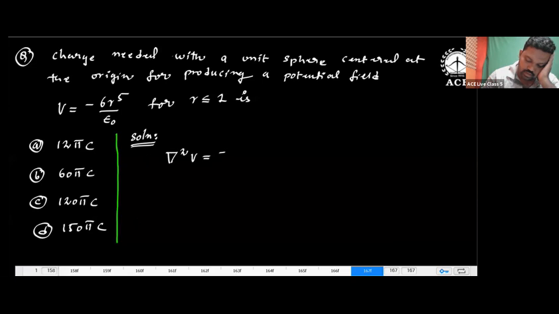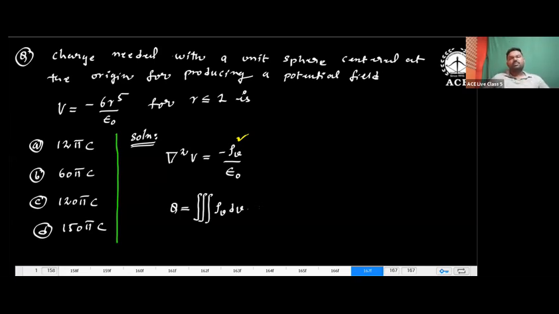Del square V is equal to minus rho V by epsilon naught. So find out the volume charge. Once after getting the volume charge, you can find out the total charge. How? Volume integral of rho V into dV, beta.